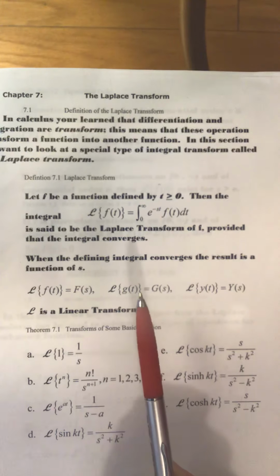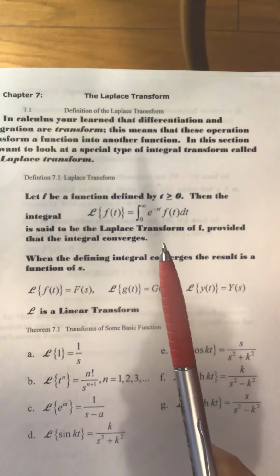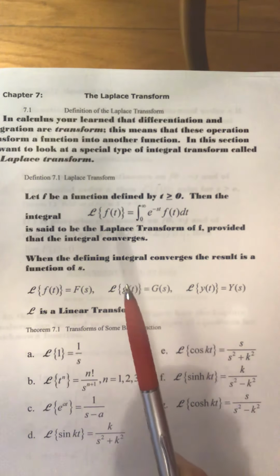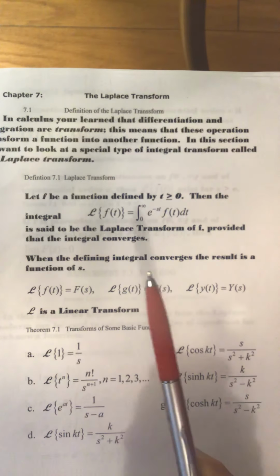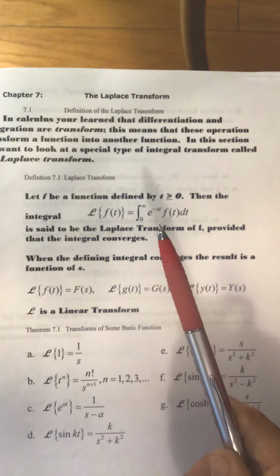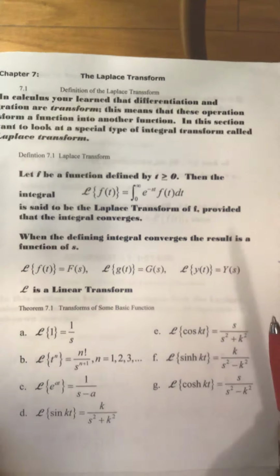Now, this is the definition. We already know from all the calculus that we do along the way that that's not how we want to do it each time. And we'll show some examples in a minute. But this is what you get.